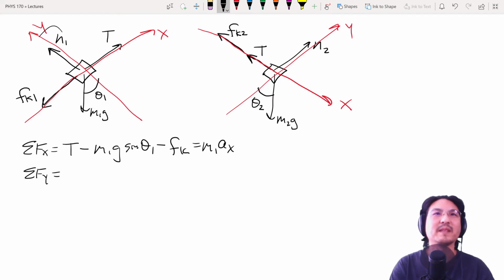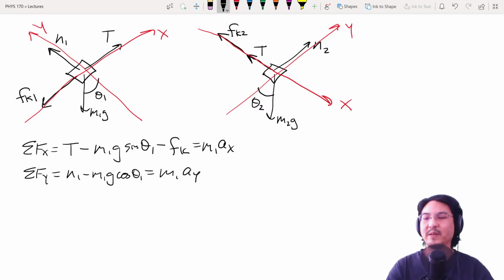In the y direction, we go this and this, equals mass times acceleration. I know that it's sliding in the x direction and no motion in the y direction, so immediately I can cross this out.